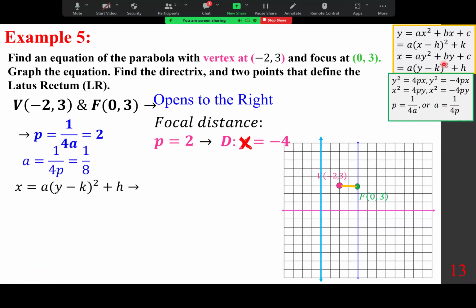x equals a times (y minus k) quantity squared plus h. We have a as 1 over 8. We have the location of the vertex. So x equals 1 over 8 (y minus 3) quantity squared minus 2, according to that formula. And this is what we have learned in algebra.